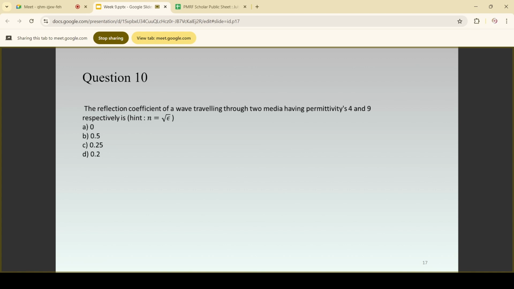So 1 over 25 is 0.04. So the reflection coefficient is 0.04.